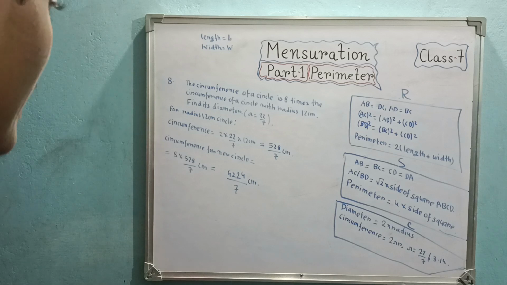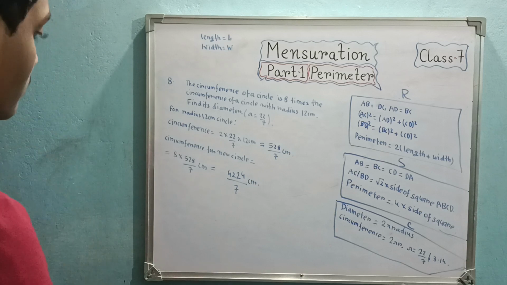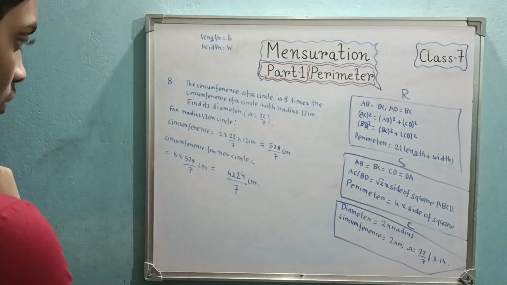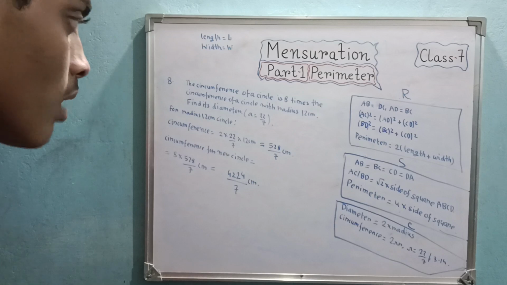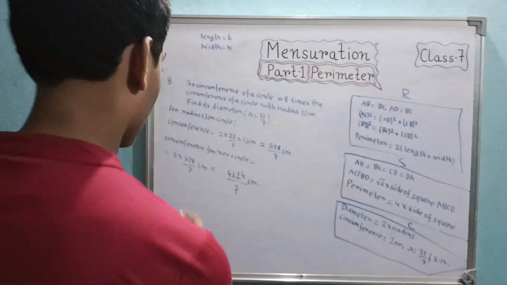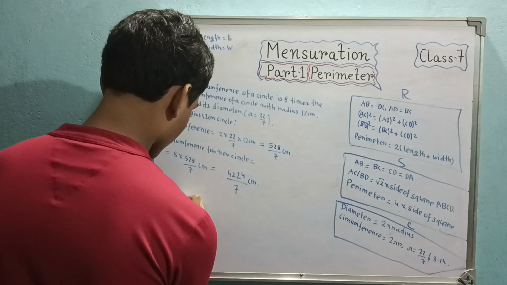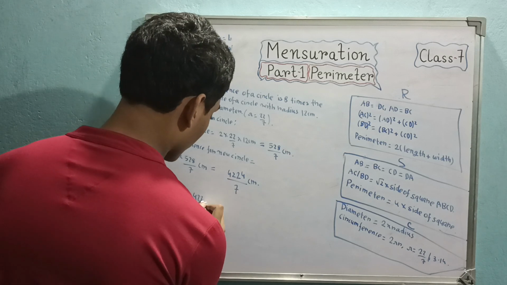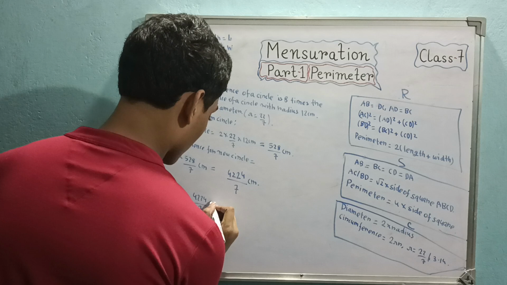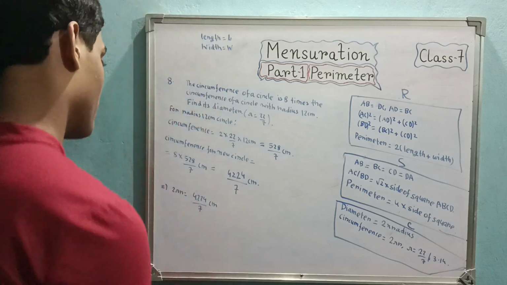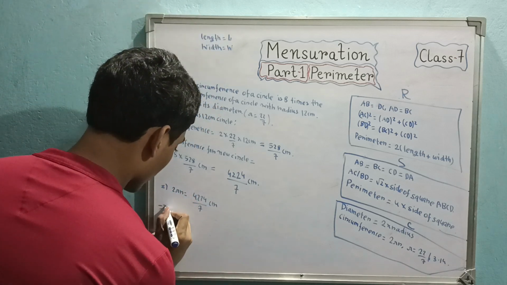Now they are telling find the diameter of this new circle. Okay. Circumference of this circle is this. Formula for circumference is 2 pi r. First let's find radius, then we can find diameter. 4224 by 7 centimeter. Now pi is 22 by 7.